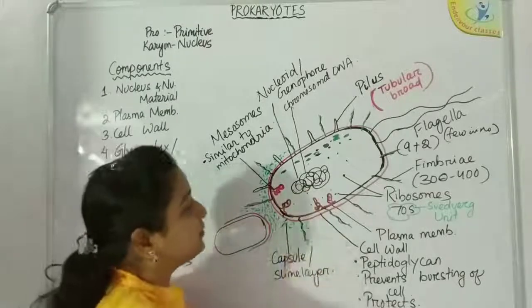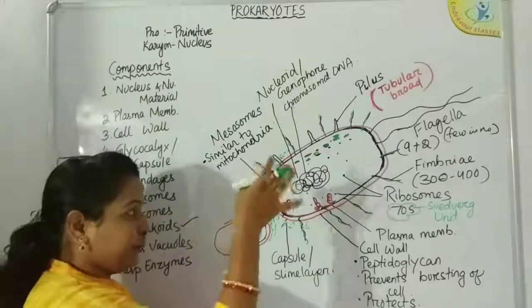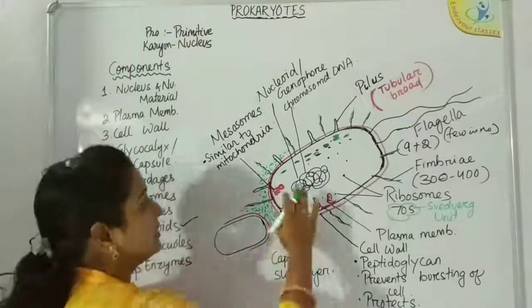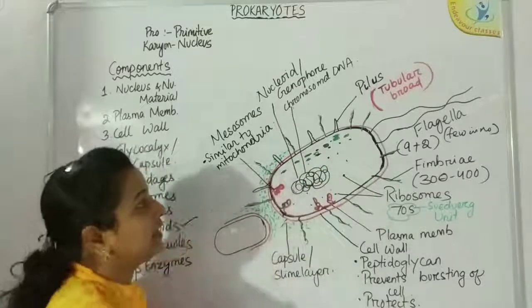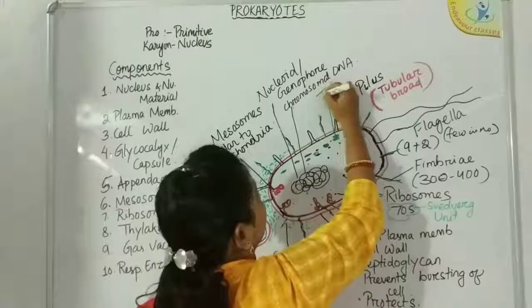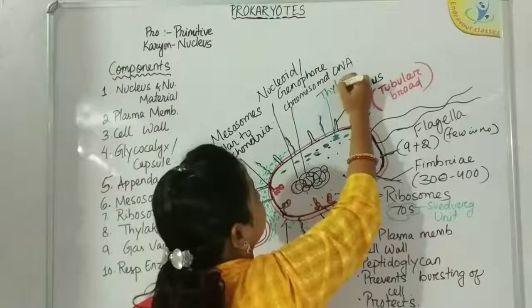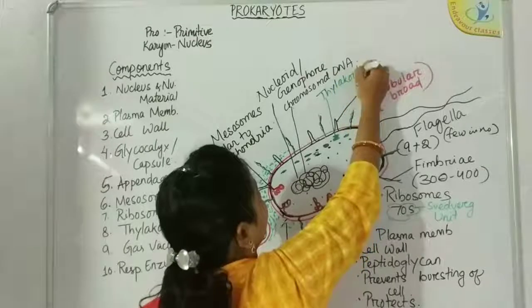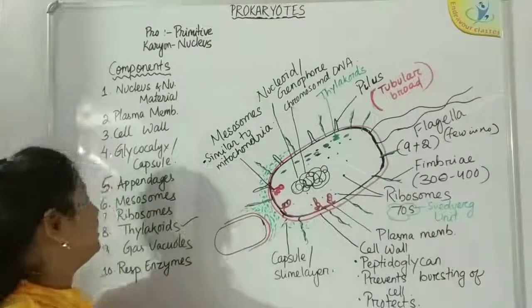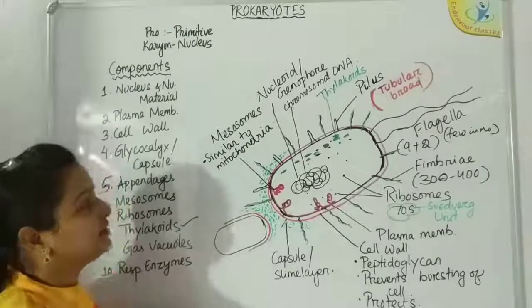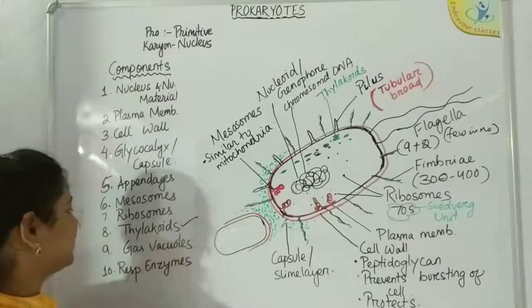But here in photoautotrophic prokaryotic cells, the thylakoids are scattered in the cytoplasm. These are thylakoids, which help in photosynthesis.